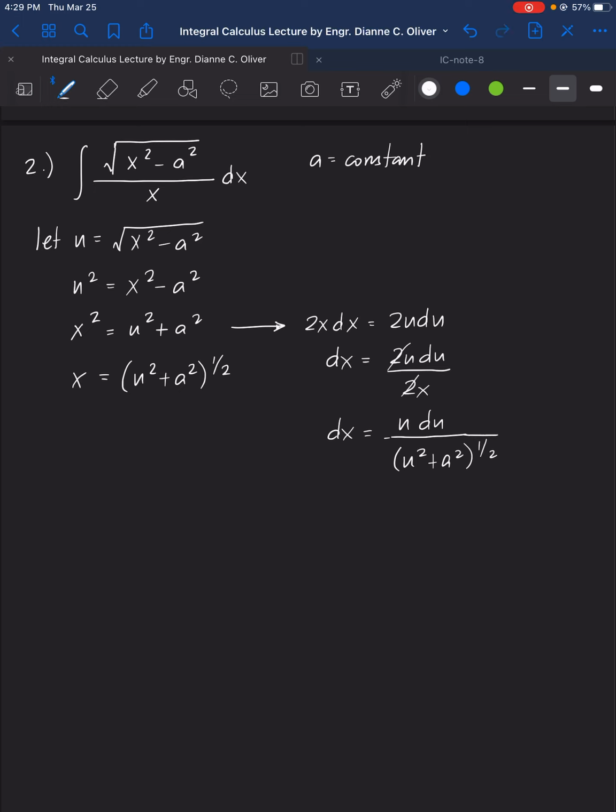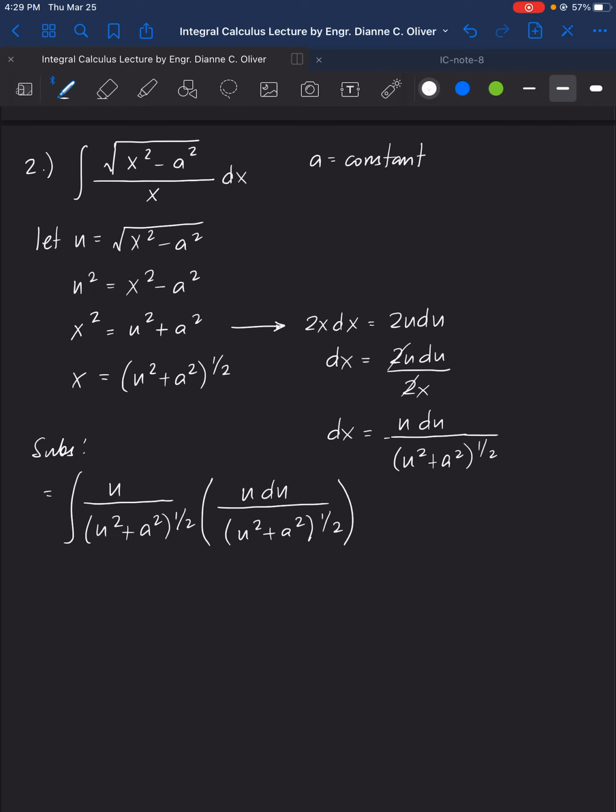Then substitute into the original equation. For the square root of x squared minus a squared, we have u over x, which is u squared plus a squared raised to 1/2. Then for the dx, we have u du all over u squared plus a squared raised to 1/2.